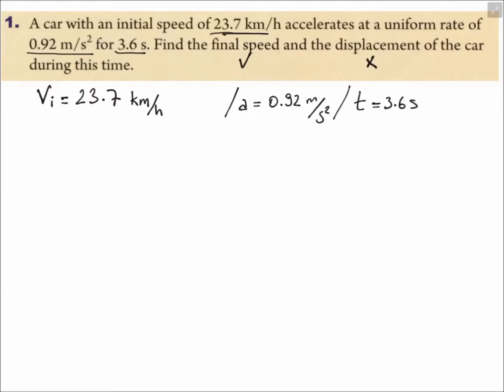The acceleration unit is meters per second squared, the unit of the time is seconds. So I have to convert the initial velocity into meters per second, and the initial velocity is given in kilometers per hour. So 23.7 times 1000 meters over 3600 seconds.